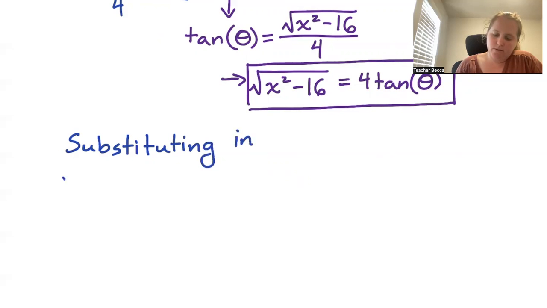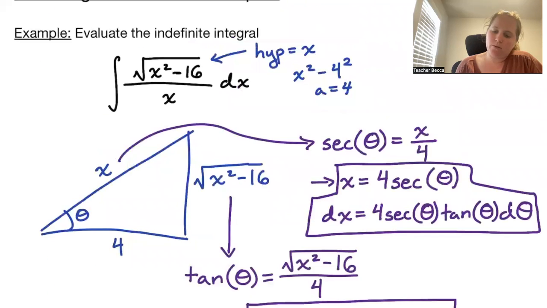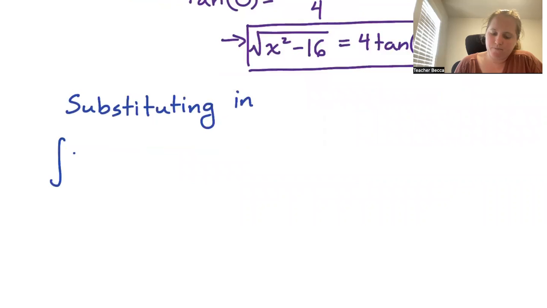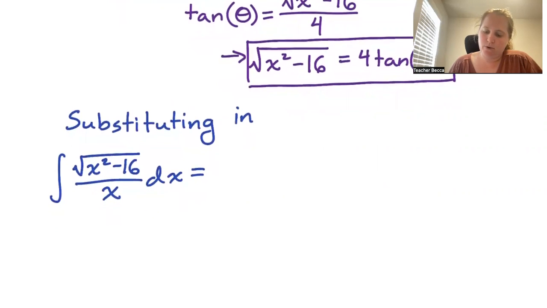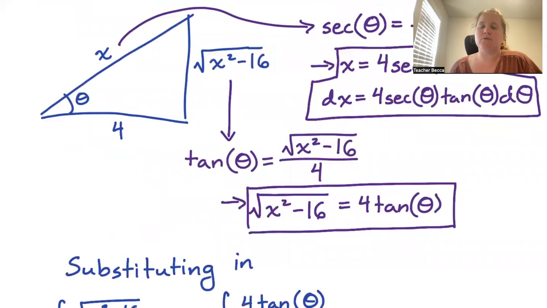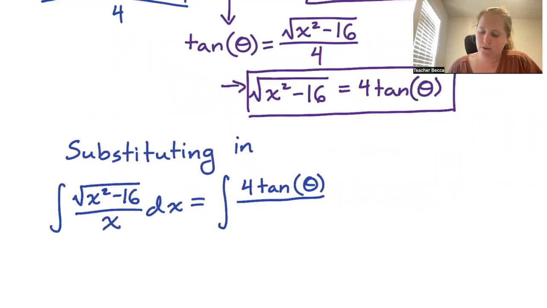So we have our integral of the square root x squared minus 16 over x dx, where that square root x squared minus 16 is 4 times tangent of theta. So we have the integral of 4 times tangent of theta divided by x, which is 4 secant theta. So we will divide through by 4 secant theta.